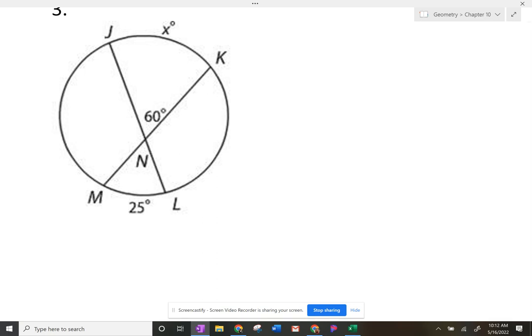All right, new circle. I've got this angle here. I'm trying to figure out angle x. This one's 60. This one's 25.